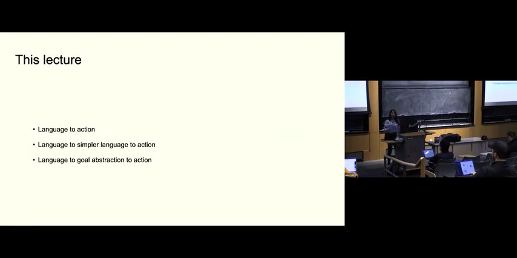So we'll visit 3 different sets of approaches in this lecture. The first is the simplest one. We'll directly ground language, map language to actions, and we'll learn policies that are goal conditioned, and the goal will be the language itself. And the second is we'll map language to simpler language and then to actions.